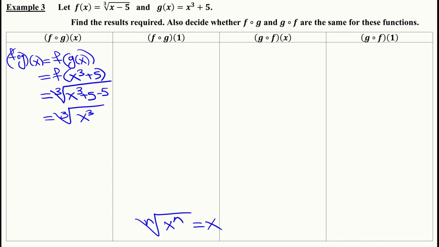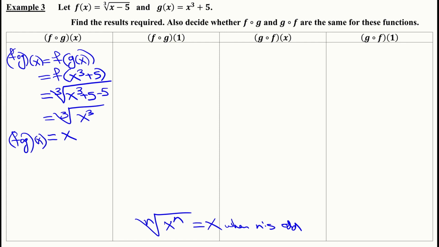Sometimes when it's even and the x values can take on negative results, we have to put absolute value of x, but here n is odd, so we can safely say it's x. All right, so that's f circle g of x.